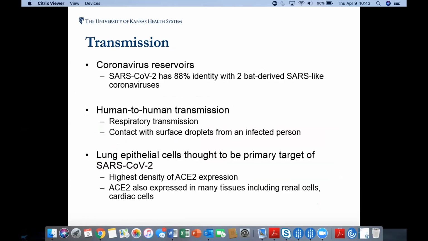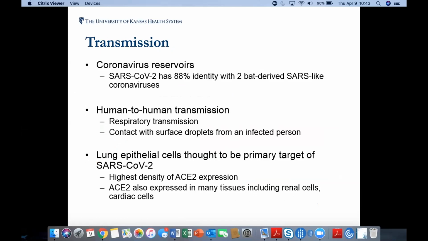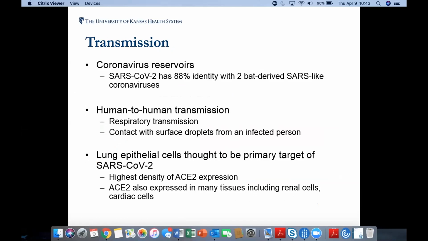As I said before, there are a number of different animal reservoirs of coronaviruses, and SARS-CoV-2 is thought to have derived from two SARS-like coronaviruses found in bats, because they share about 88% sequence homology with those two bat-derived SARS-like coronaviruses. So it's thought that zoonotic transmission is what started this.